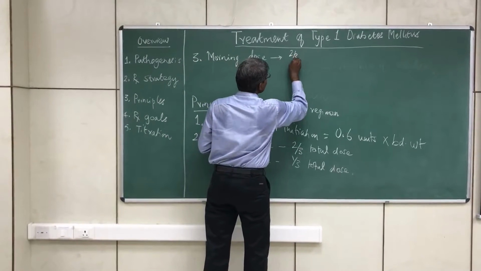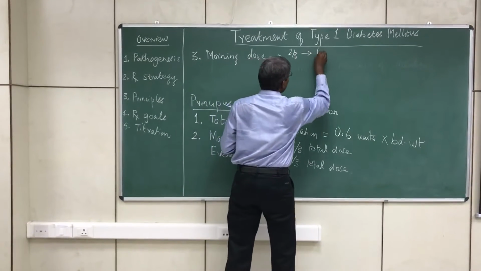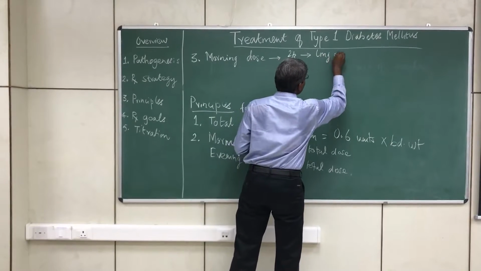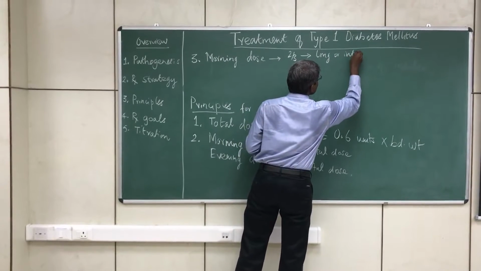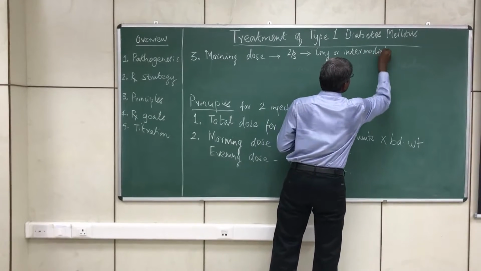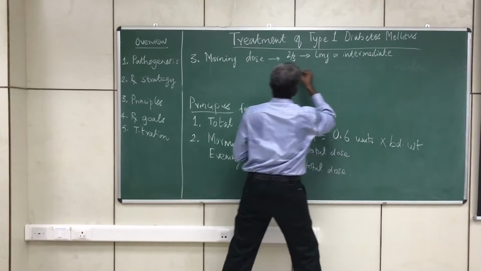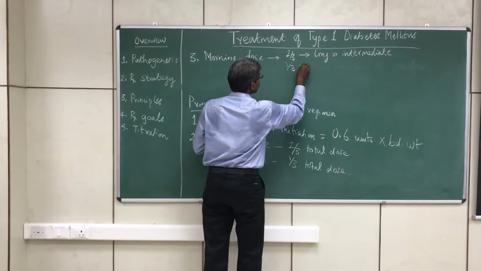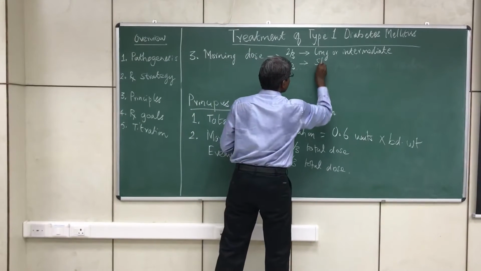So 2/3 of it is given as long or intermediate acting, and 1/3 of the morning dose is short acting.